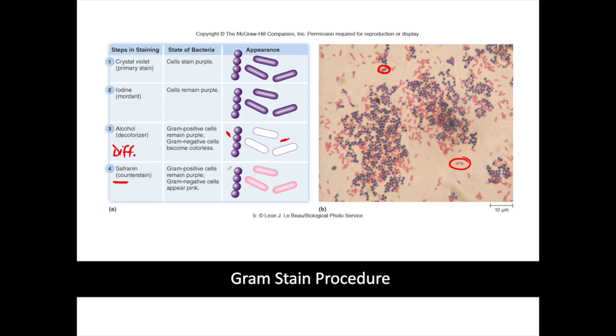We always use a lighter colored stain as a counter stain. So our cocci are really purple, and now those rods that had gone clear after decolorization are now this reddish pink here that we can now observe them. So in gram staining, gram positive cells are going to stay purple, and the gram negative cells are going to be red.